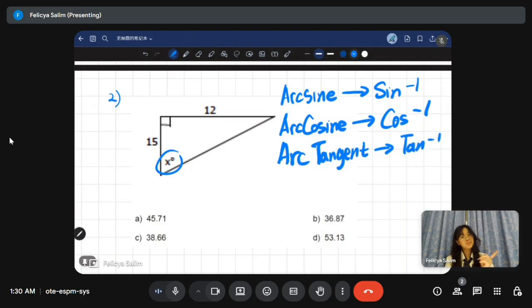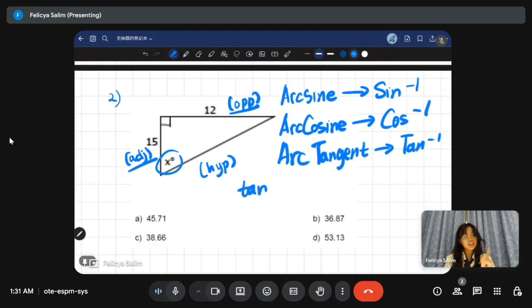It's like that. So now we're going to identify the lengths of the triangle again. Here is the hypotenuse, this one is the opposite, and the leftover will be the adjacent. Now, you think out of sin, cos, and tan, which one you're going to need to use the opposite, and which one you're going to need to use the adjacent? Which will be tan. You're going to assume first the angle will be x degrees equals opposite, 12, divided by 15.